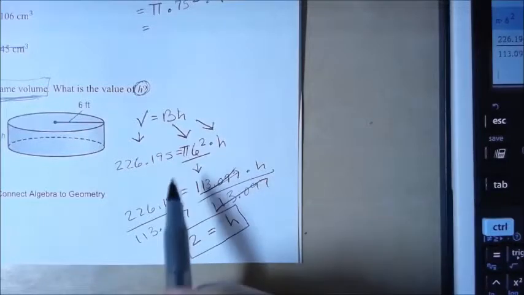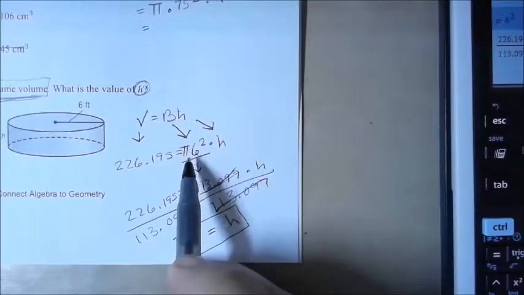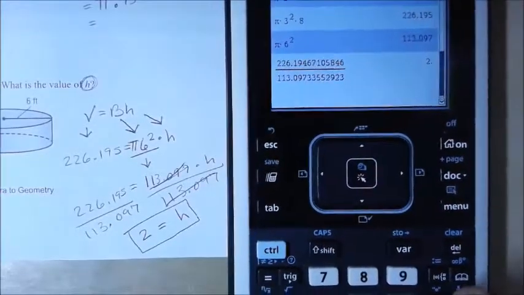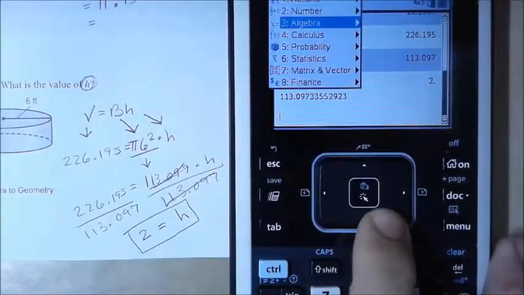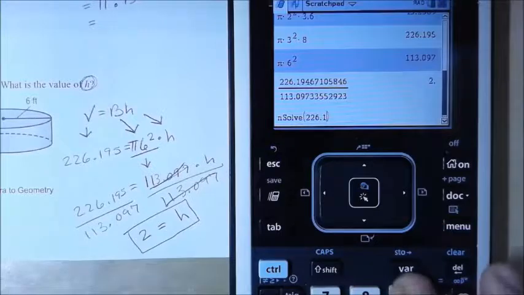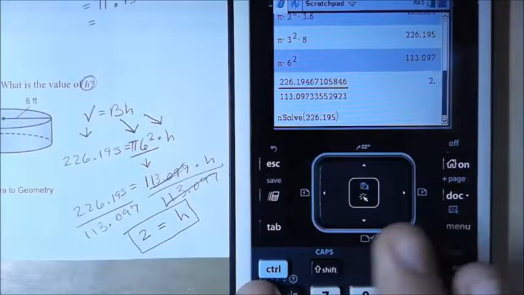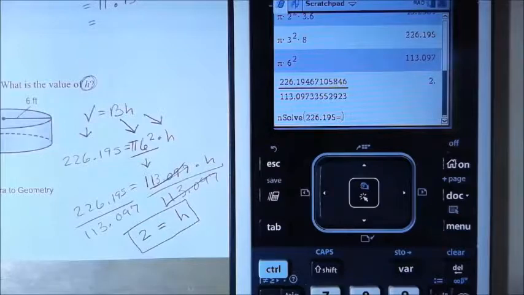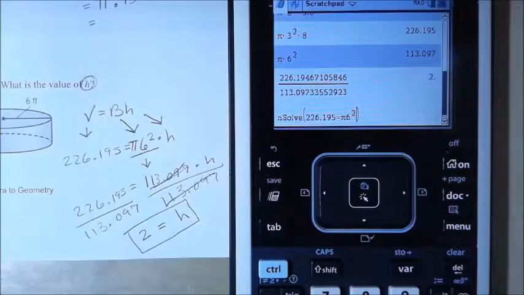The other thing that we could have done is plugged these numbers in and used numerical solve. We could have gone down to algebra and then numerical solve, and just plugged in our formula. We could have said, okay, we got 226.195 is equal to pi times 6 squared times h, comma h.